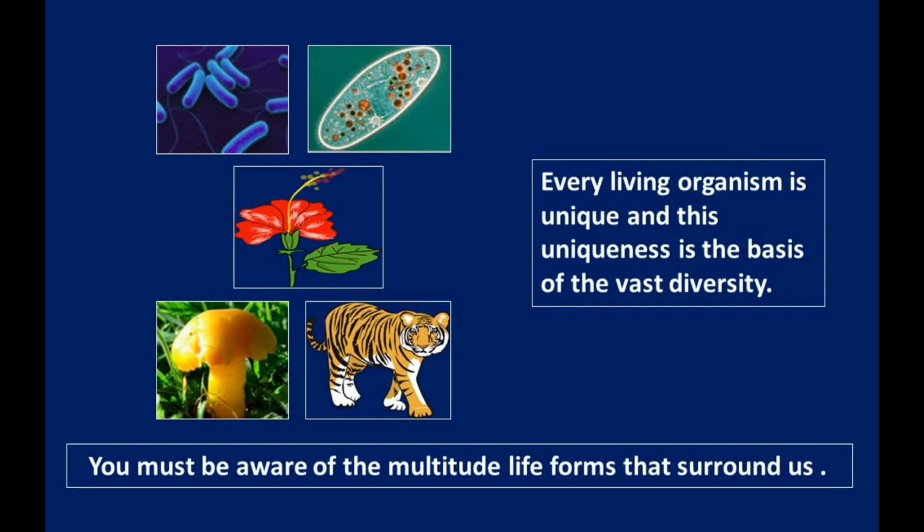All these are organisms. Their body organization is different. It means they are different from each other. So there is a vast variety of living organisms around us, and these varieties of organisms are categorized into different groups on the basis of their characteristics.